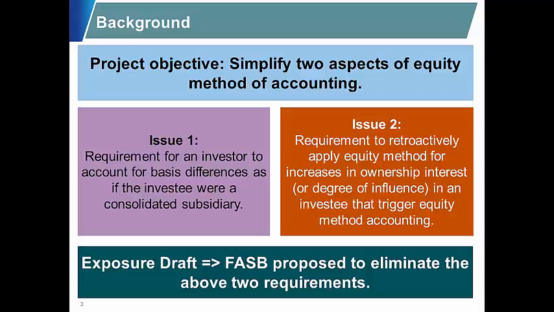To do so, the investor needs to retroactively perform a fair value allocation as of the initial acquisition date. Stakeholders told the FASB that this, again, was costly and very time-consuming without necessarily providing a clear benefit to the financial statement users. So to deal with these two issues, the FASB proposed to eliminate these two aspects of the equity method of accounting. Casey, maybe we can talk about what the feedback was on these two proposals.